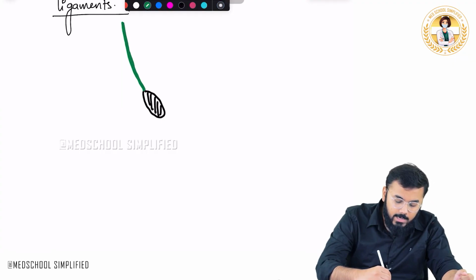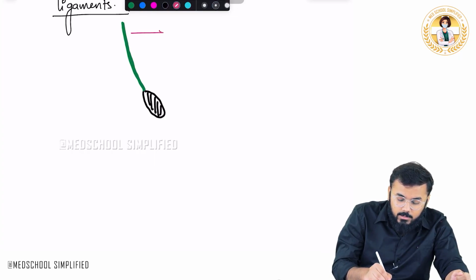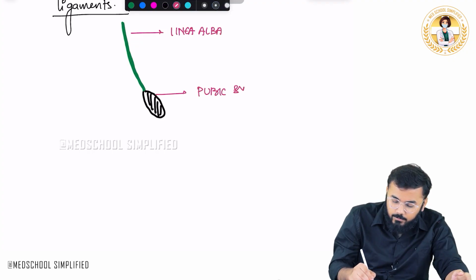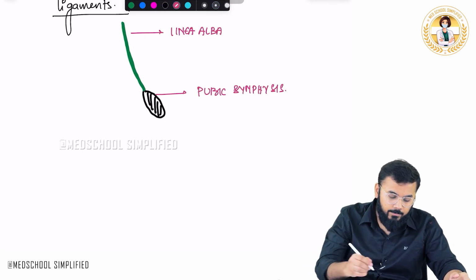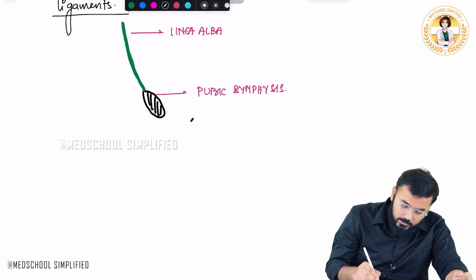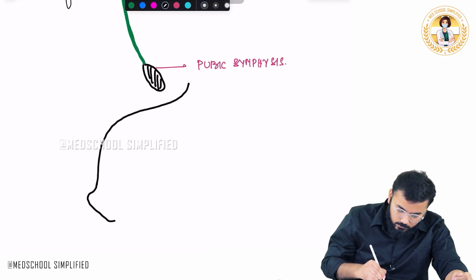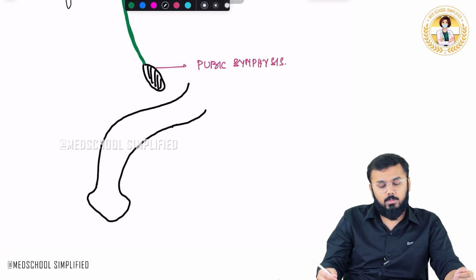This is called the linea alba. So one is your pubic symphysis, another one is your linea alba. Now all of you know this is your penis.